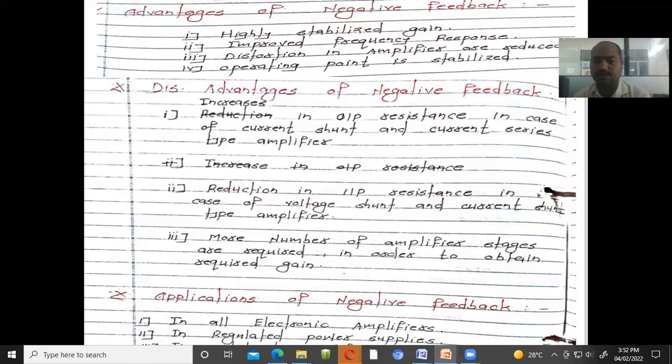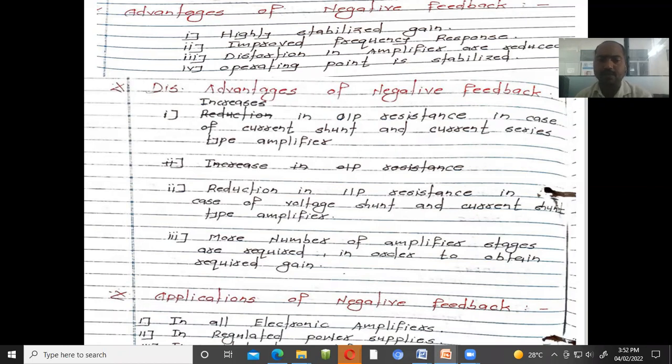Note this. So when we use negative feedback, it causes the impedance to increase, meaning both your input as well as output impedance. Right.